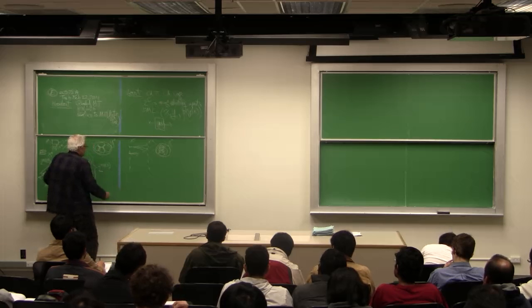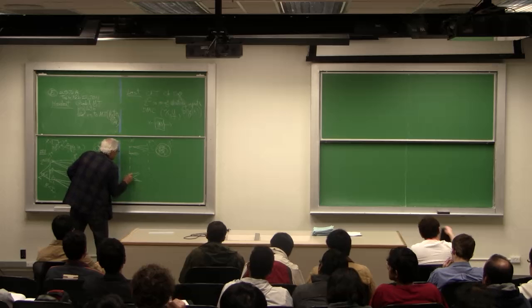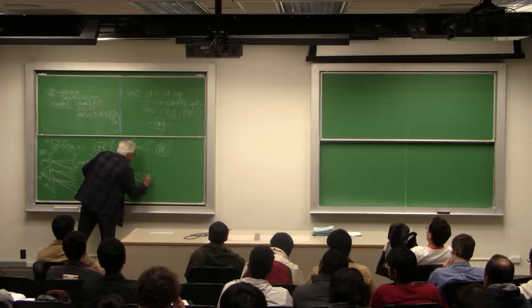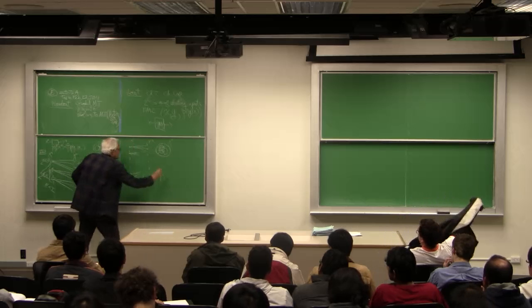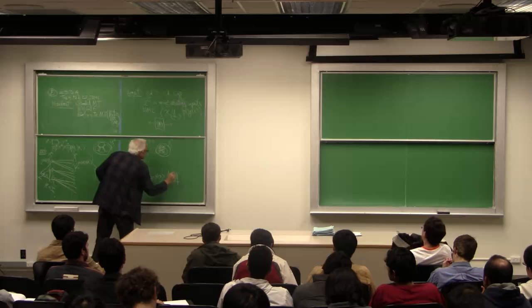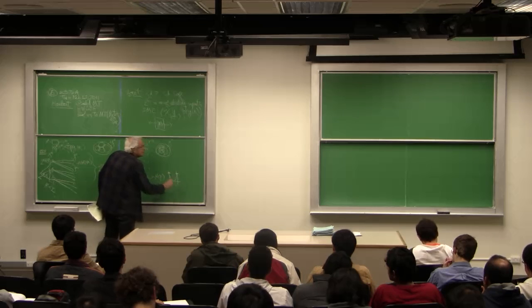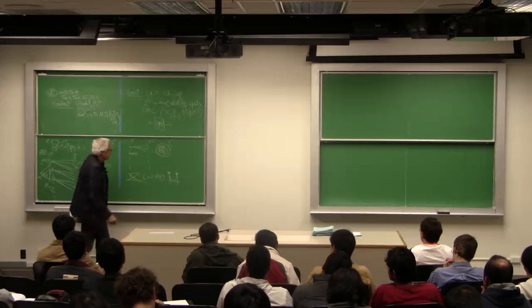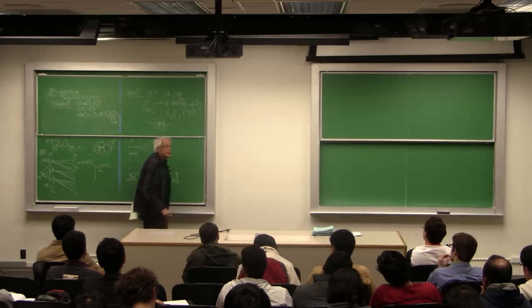Well, we also looked at the BSC with crossover probability P and found that C equals 1 minus H of P. And that looks like this. Capacity is 1 bit if there are no errors or if there are all errors. And unfortunately, capacity is 0 if there are half errors.